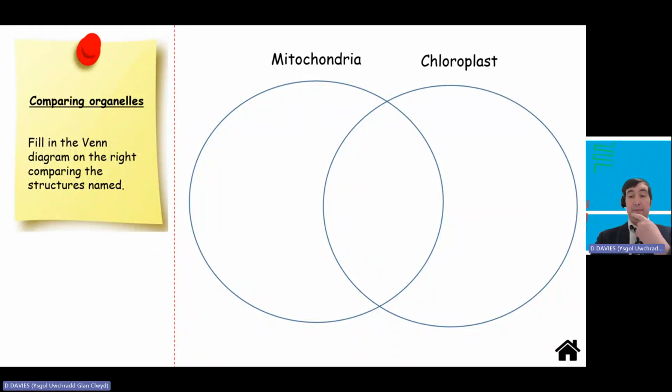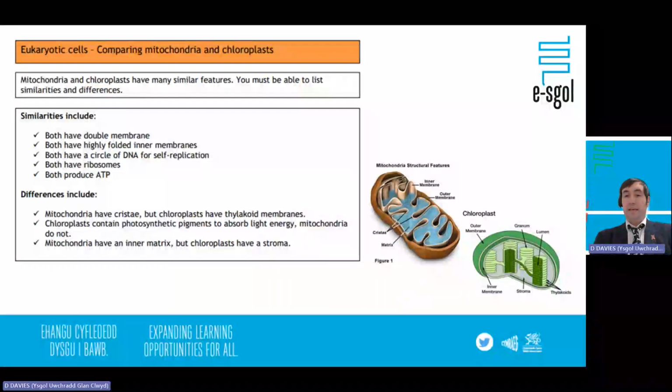There is something here called the endosymbiotic theory, which is a theory whereby it's proposed that these organelles were initially free-living single-celled organisms that got absorbed into prokaryotic cells.